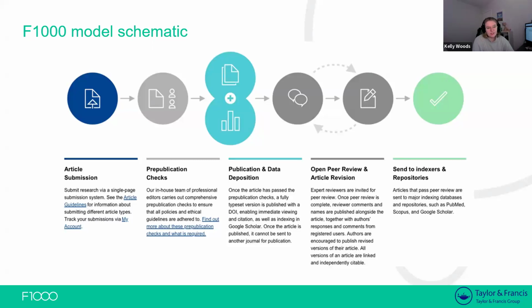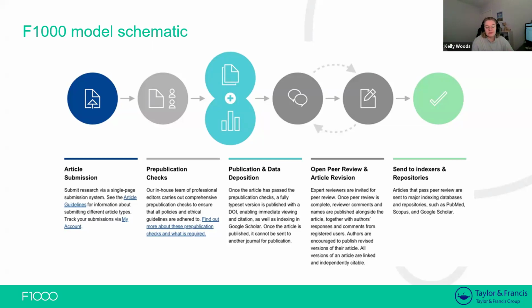So once the article is published and the data has been deposited, that's when we'll start reaching out to potential peer reviewers. Authors can suggest these peer reviewers within our system. We'll check to make sure that they don't have any conflict of interest and that they have the right expertise. And then we'll reach out and invite those potential peer reviewers to look at this article. As I mentioned, this is open peer review.